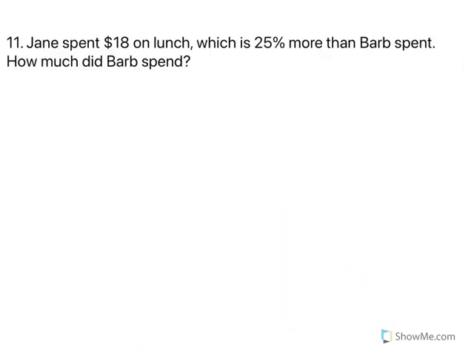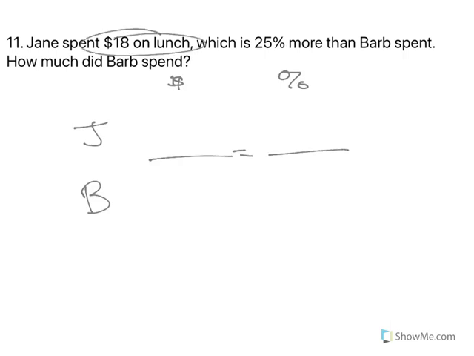And last but not least, Jane spent $18 on lunch, which is 25% more than what Barb spent. How much did Barb spend? So we are comparing Jane to Barb. We're talking money and percent. What do we know? Jane spent $18 on lunch, which is 25% more than Barb.